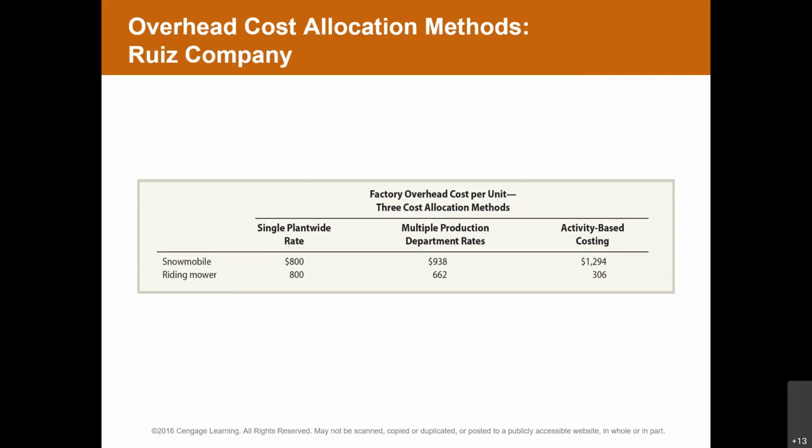The reason why companies would use something like activity-based costing instead of one of these other methods is because we want to get to a point where we're being very precise, very specific in our allocation for costing.